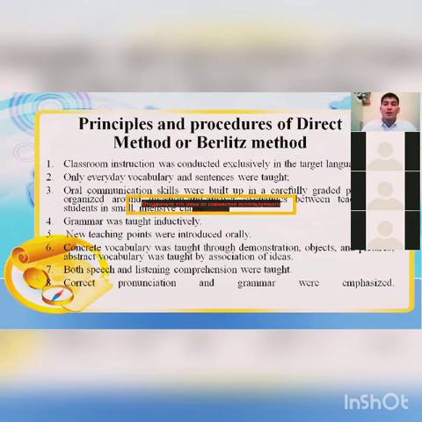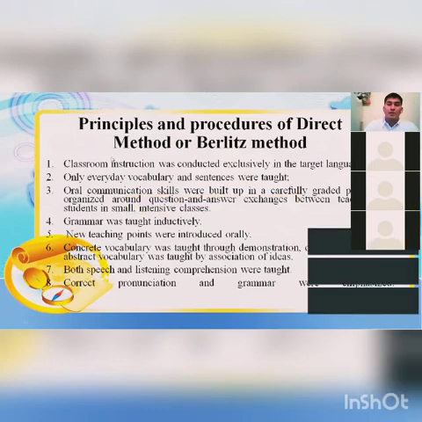We use only the target language because we learn the language in the same way as we learn our mother tongue. So only everyday vocabulary and sentences were taught. That means the language which was used naturally.